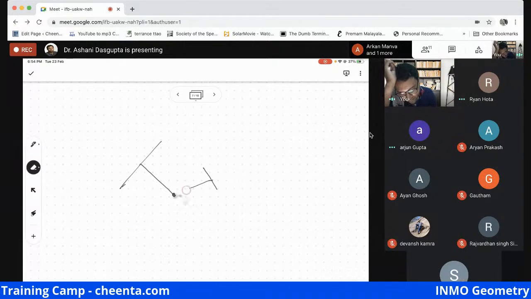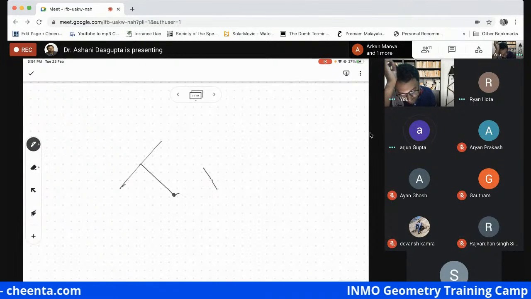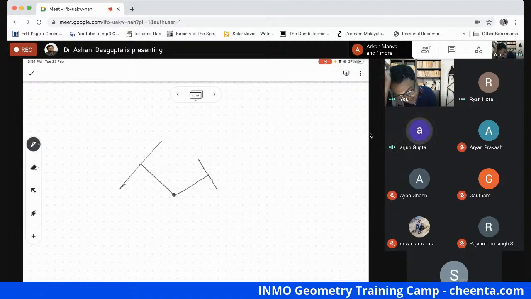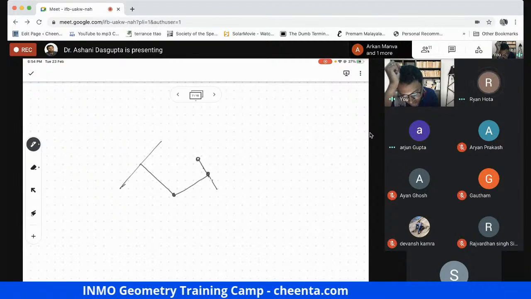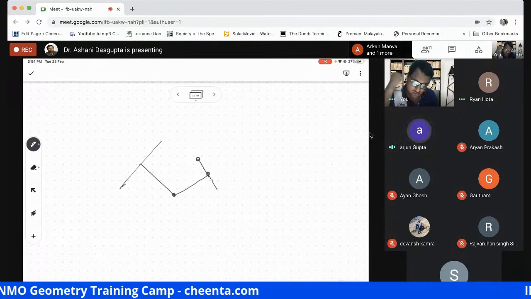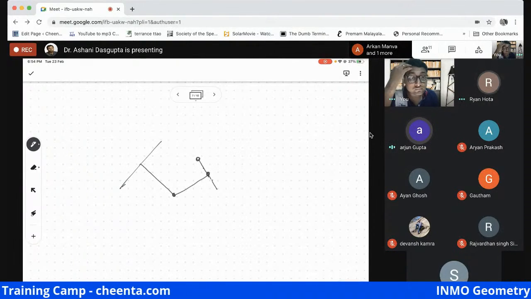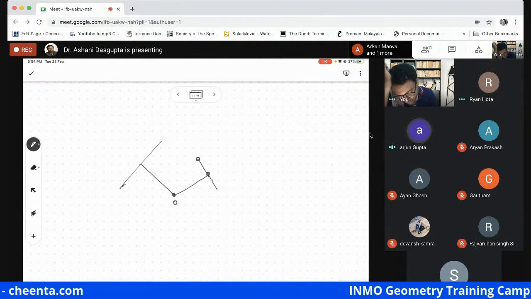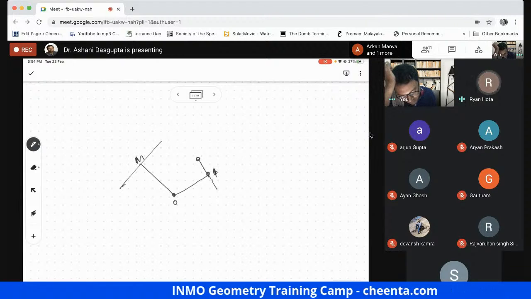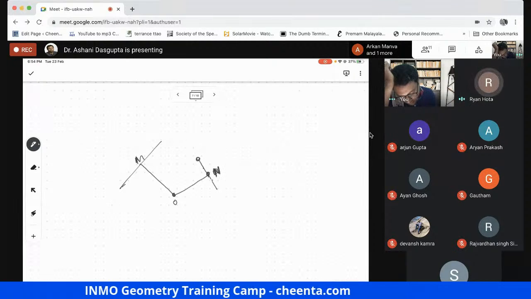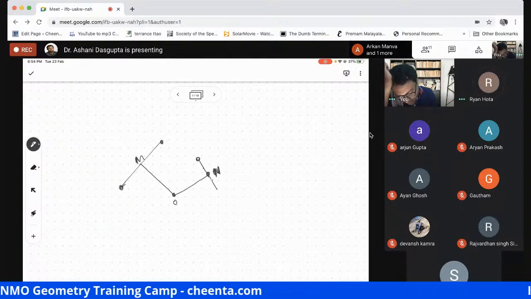If you have these two like this, what is the angle of rotation, Ryan? Until the two perpendicular bisectors coincide, that is the angle of rotation.